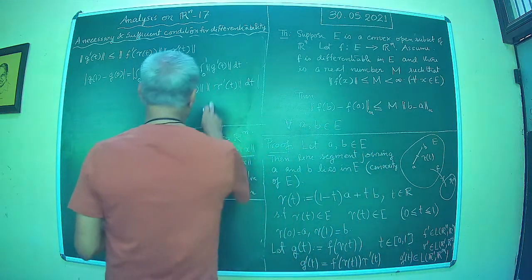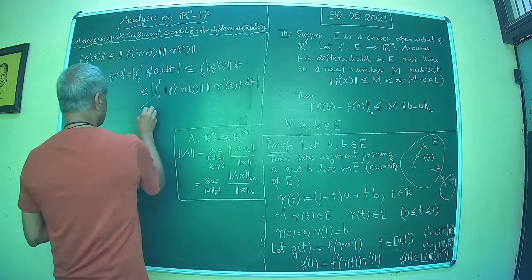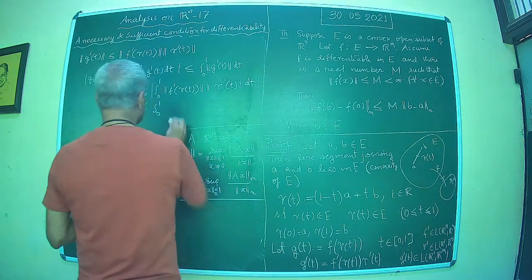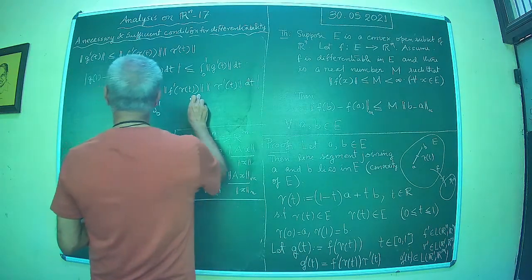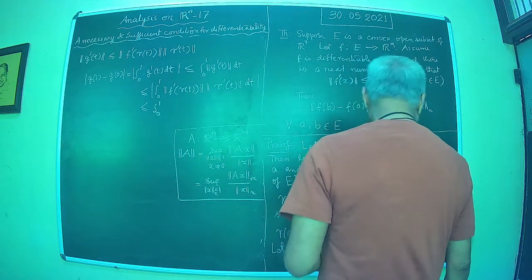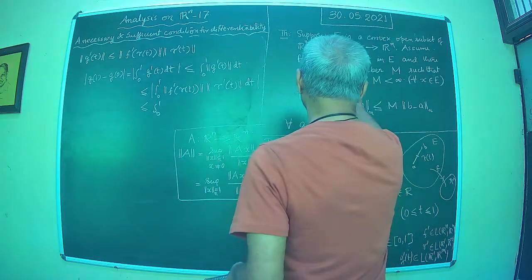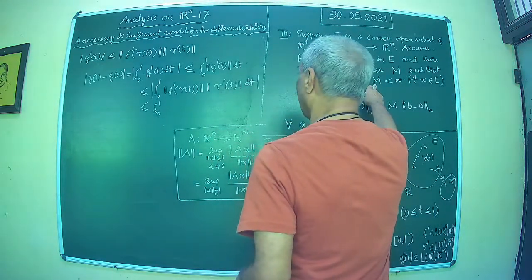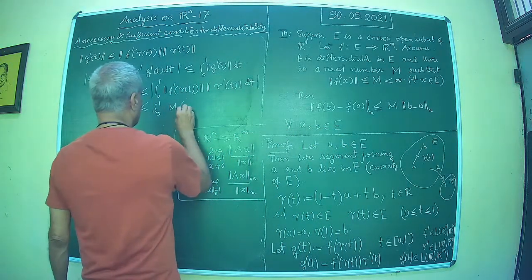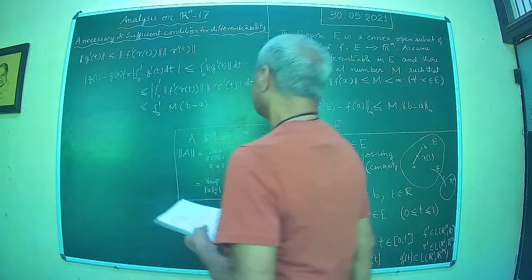This is equal to, see, this turns out to be b minus a. Therefore, this is bounded by, okay, so we have this part bounded by m. What is that? We have f derivative is bounded by m. Therefore, this is m into b minus a. That's a vector.